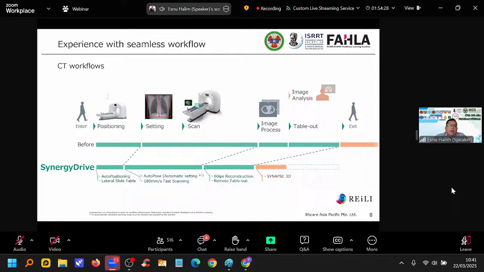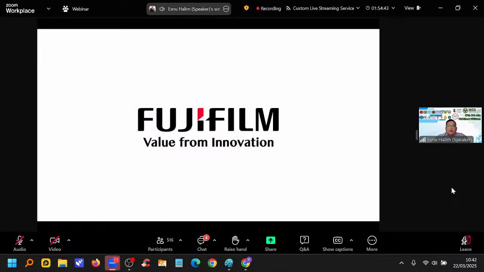This is the improvement in workflow that you can see, not only for Fujifilm, but I believe some other vendors have also been doing the same thing. So let's see more on this.